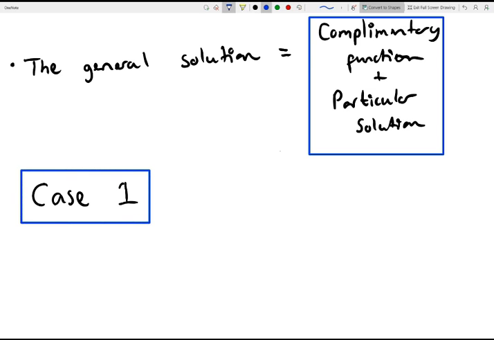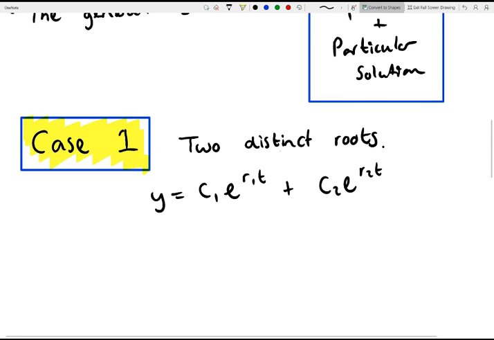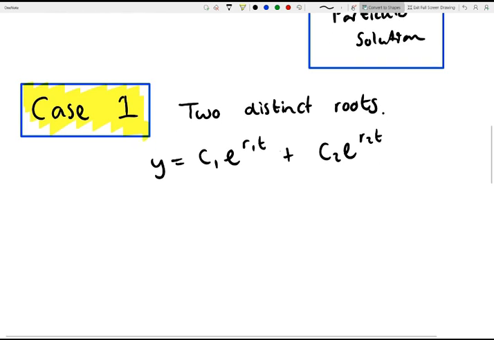So case 1, 2 distinct roots, and then our solution is y equals some constant times the exponential of r1 t plus another constant times the exponential of r2 t. Okay, where the roots here are r1 and r2.